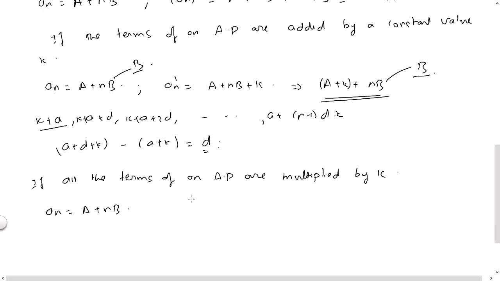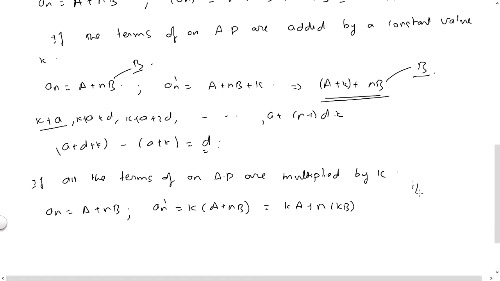Now since all the terms are multiplied by k, the resulting sequence will be such that its nth term will be k times the nth term of the originally considered arithmetic progression. So we will get this as k into a plus nb. So that's equal to ka plus n into kb. So this is still a linear expression, so we can say that the resulting sequence is also an arithmetic progression.